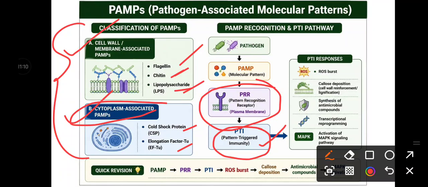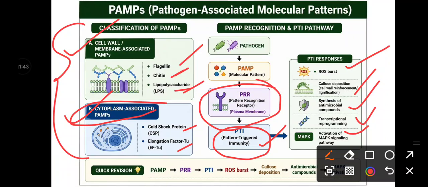Okay, and the PTI response is associated with ROS burst, callose deposition, synthesis of some antimicrobial compounds, then transcriptional reprogramming. Transcriptional reprogramming means it will activate some genes, so that some new proteins or RNA will be formed. Then it activates signaling pathways like MAPK and calcium dependent protein kinases.